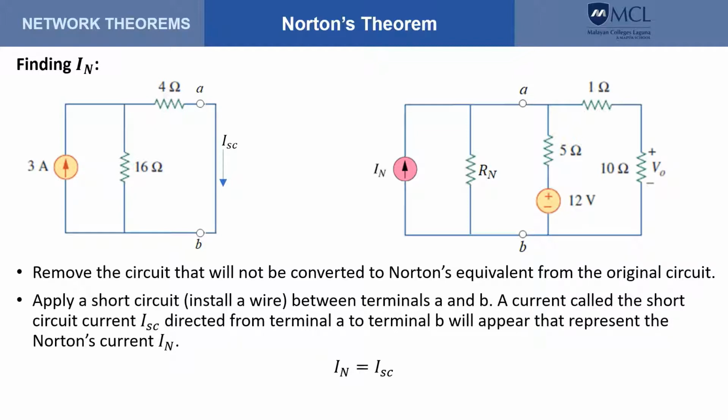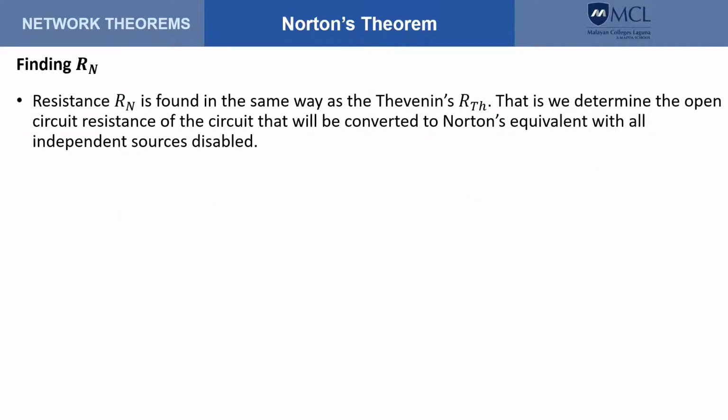R sub n can be found in the same way we determine the Thevenin's resistance R sub th. So we can use the two cases that we have shown before to determine R sub n.